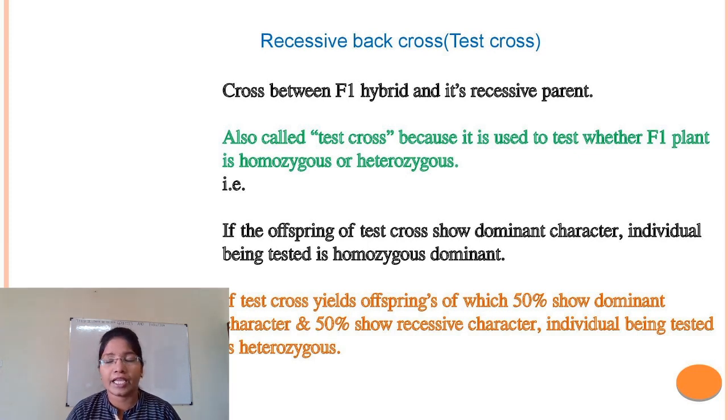If the offspring of the test cross show the dominant character, the individual being tested is homozygous dominant, and if the test cross yields offspring of which 50% show the dominant character and 50% show the recessive character, the individual being tested is heterozygous. This helps in plant breeding experiments.